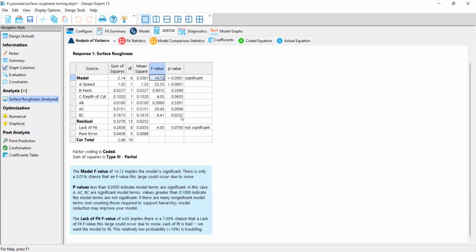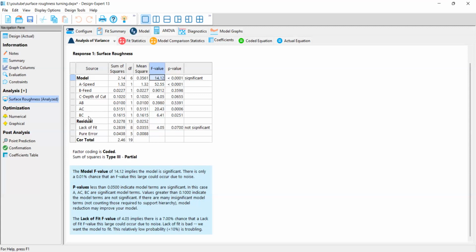A p-value less than 0.05 indicates the model terms are significant. So we can conclude from here that speed and the interactions of speed and depth of cut, and feed and depth of cut, are the significant factors for the present levels that we have selected for these parameters.